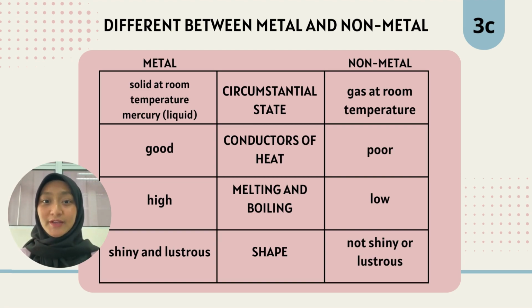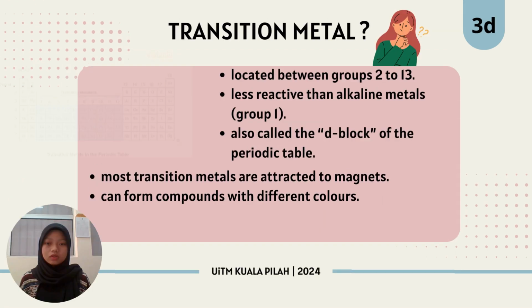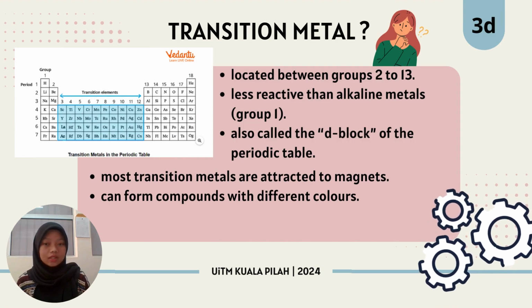For melting point and boiling point, metal has high melting and boiling points, and non-metal has low melting and boiling points. The appearance is different, as metal is shiny and lustrous, while non-metal is not shiny or lustrous. We move to the next slide.